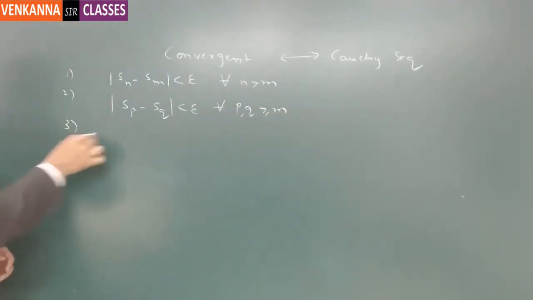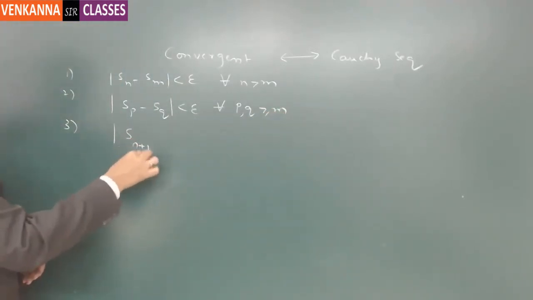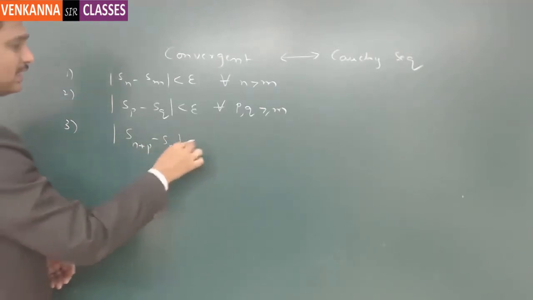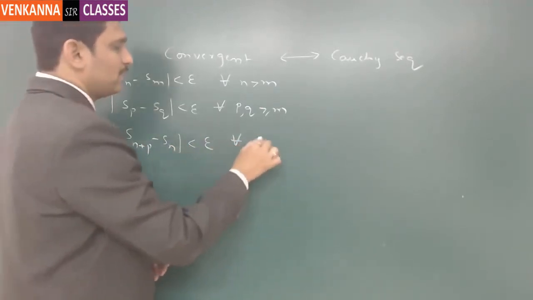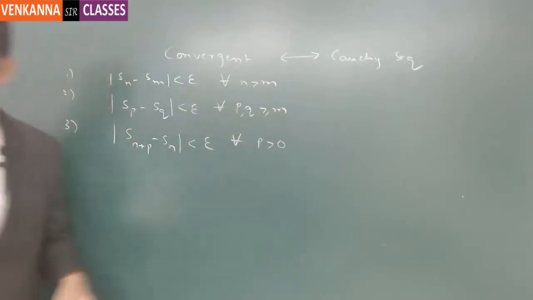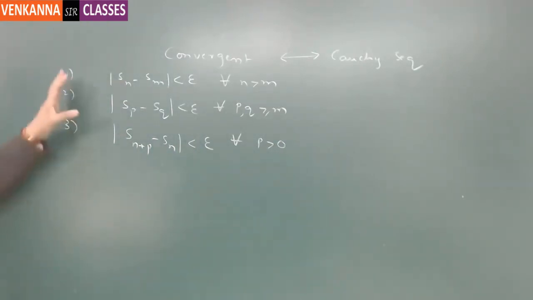If not, you can write modulus of S_(n+p) minus S_n is less than epsilon for all p greater than 0. This is the definition we usually use.